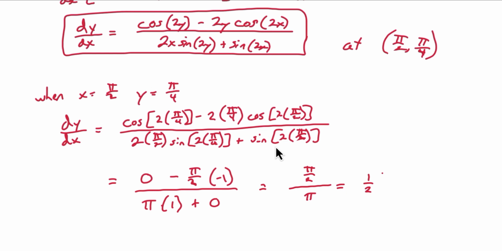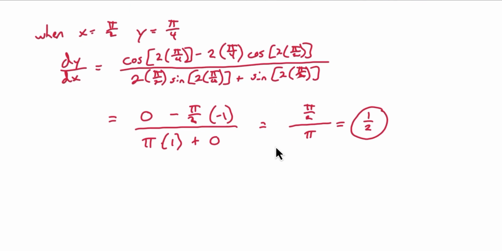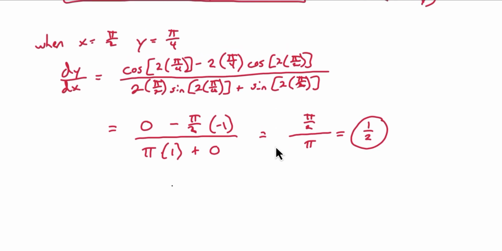Now that we have our slope, y minus y1 equals m times x minus x1. y1 was pi fourths.